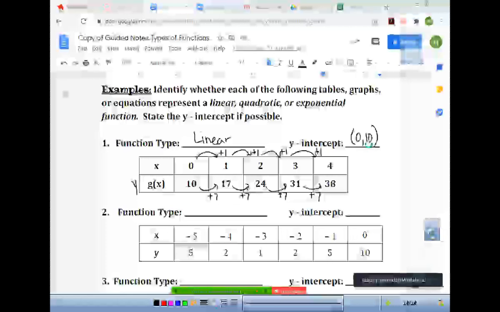All right, let's look at number 2. Look at that table. Do you see any type of pattern there? Look really carefully at the y's.